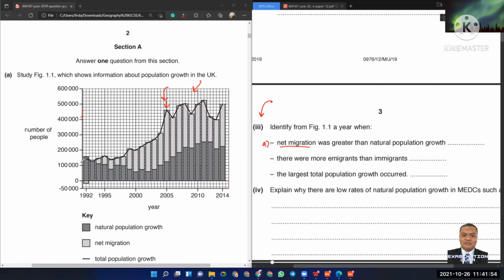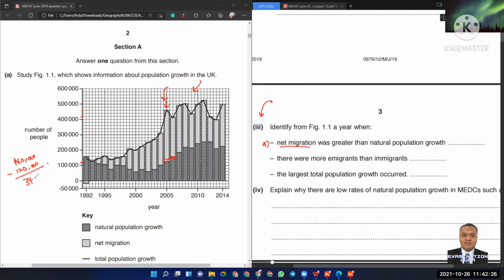So you boleh tengok dekat sini ni, dekat sini dia punya threshold untuk natural population growth. So natural population growth dia adalah 120,000 and then the rest adalah the net migration. So you just guna calculator 460,000 minus 120,000, you will get 340,000.